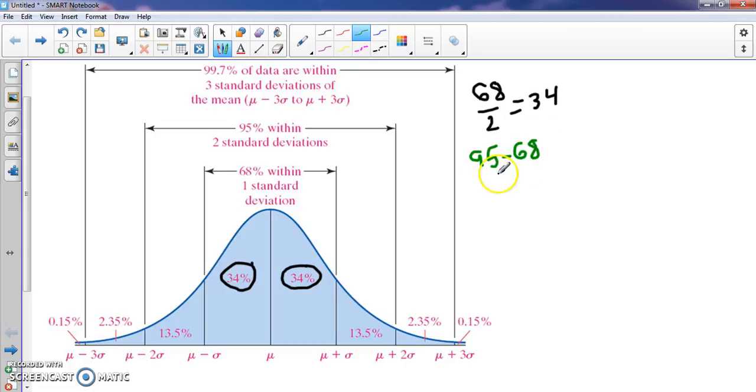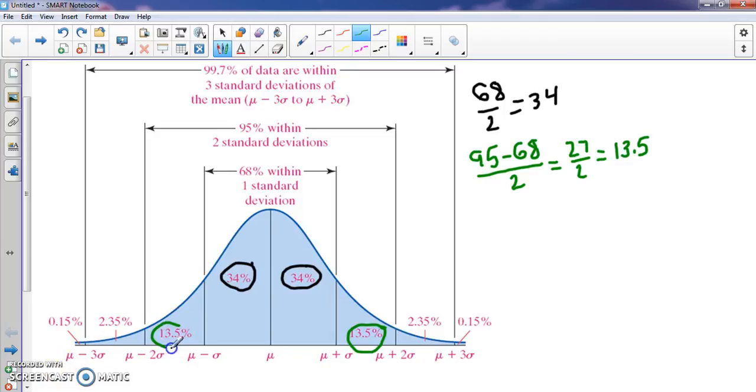But I just want half of that region, so I'm going to take that total and divide it by 2. The difference there is 27. When I divide that by 2, we get our 13.5.